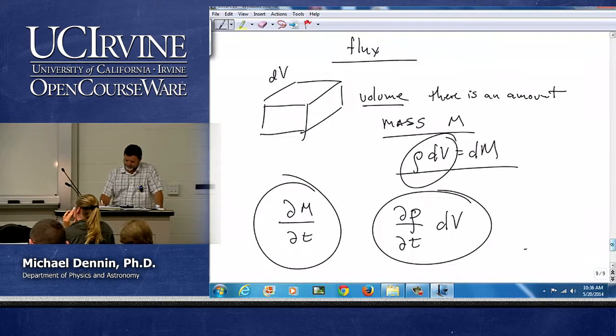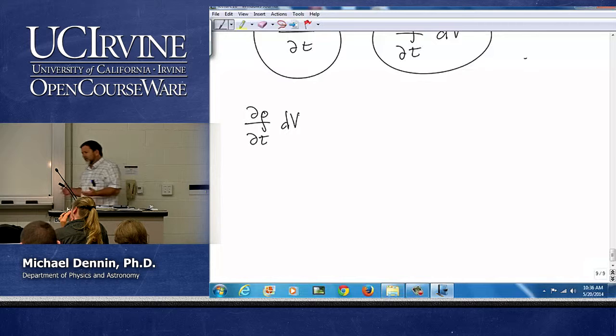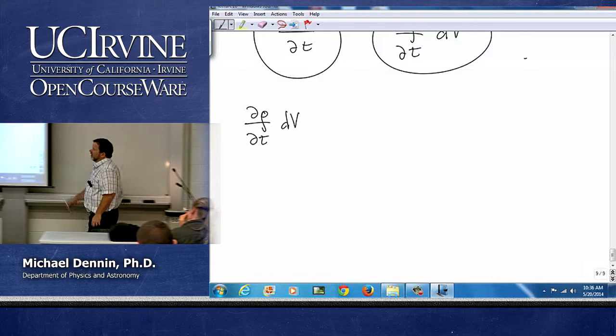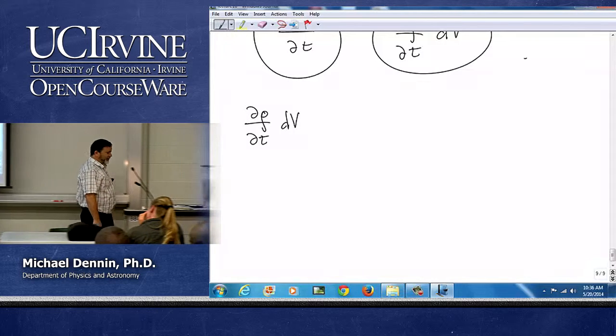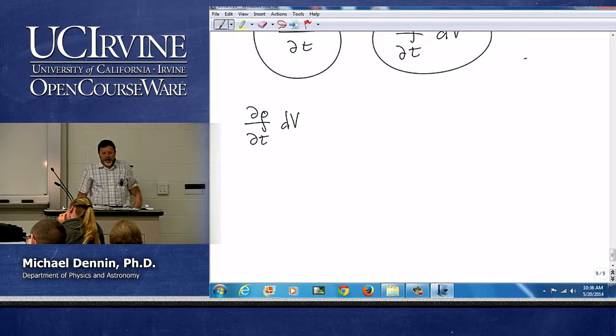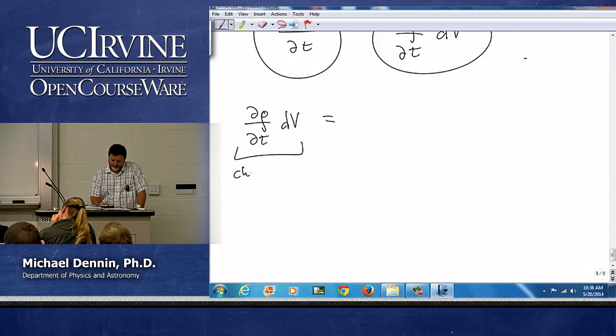So I'm going to rewrite that for you. That's still basically dm dt. It's just written in a slightly weird way. So this tells us the change in mass in our volume.